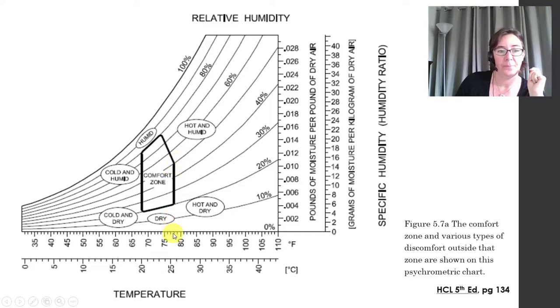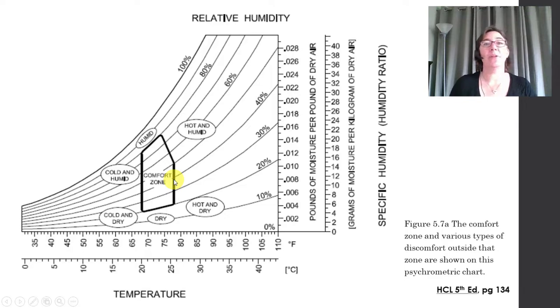So that's right here. Notice that as you get up in the hot and humid, your capacity to enjoy the heat kind of diminishes. So there's a little bit of an angle here. But in general, between 68 and 78 degrees.